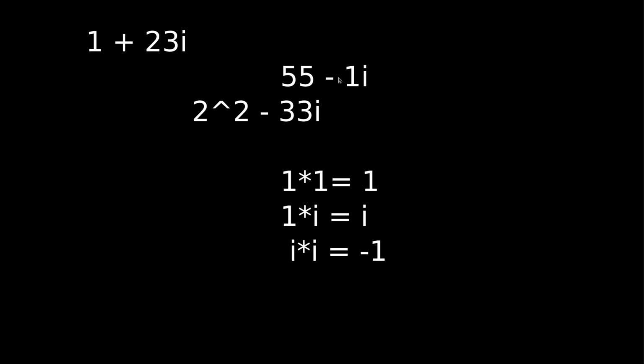Doesn't matter so much, just two types of numbers. And these new numbers satisfy the rules that are shown here. If I multiply a normal number by a normal number, I get a normal number. If I multiply a normal number by an imaginary number, I get an imaginary number. And if I multiply two imaginary numbers, I get a normal number, but with a minus sign.